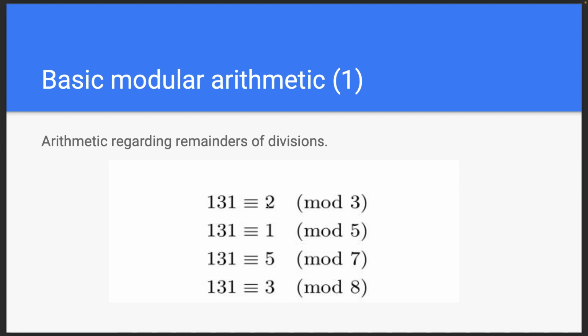The way we actually say this equation, this is called a congruence equation, and we say that 131 is congruent to 2 modulo 3. So if we divide 131 by 3, we'll get a remainder of 2. You can see that we don't care what the actual answer of the division is, but only the remainder of the division.